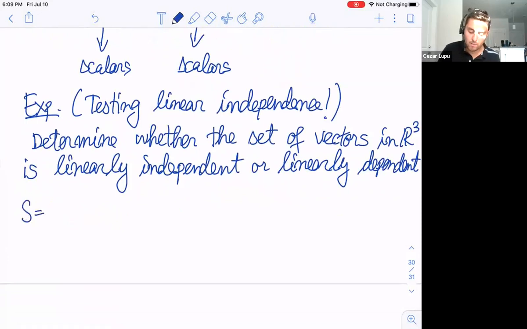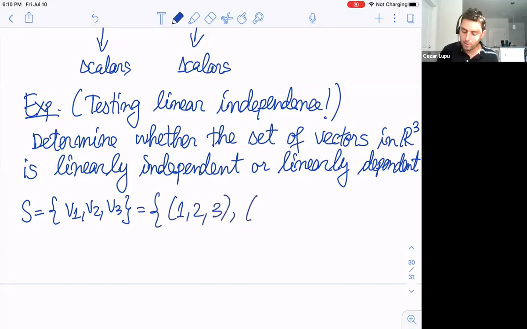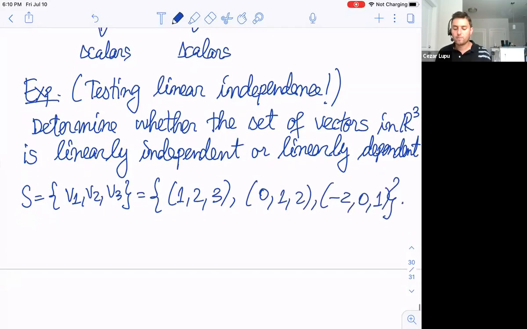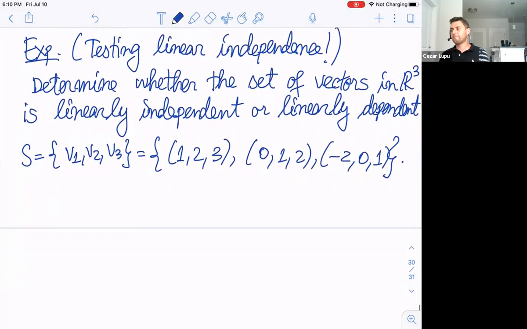The set is given by S = {V1, V2, V3}, where V1 is (1, 2, 3), the second vector is (0, 1, 2), and the last one is (-2, 0, 1). So that is the question we want to answer.